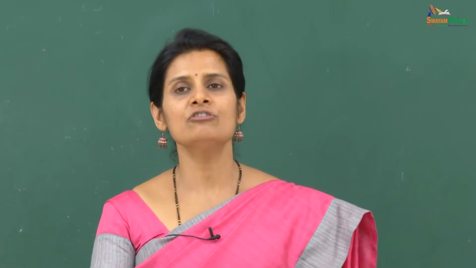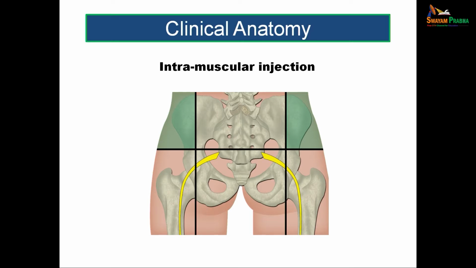When giving intramuscular injections in the gluteal region, the most important thing is to safeguard the sciatic nerve. The safest area where an injection can be given intramuscularly in the gluteal region is this green colored area, the upper lateral quadrant of the gluteal region. The muscle used here is gluteus medius.